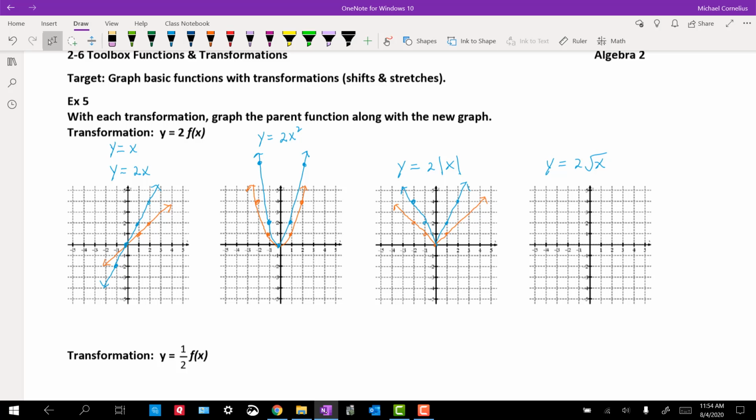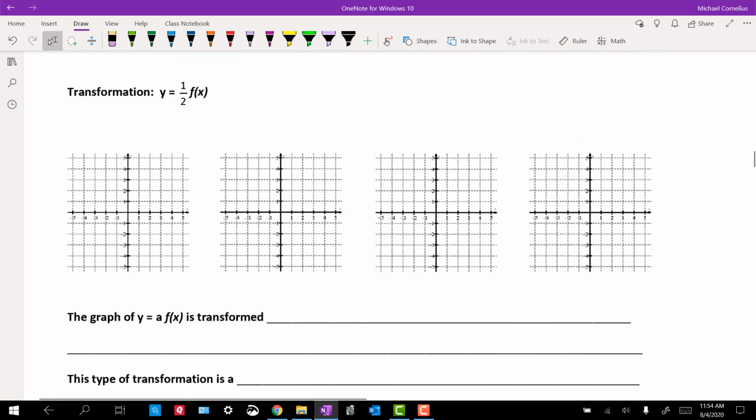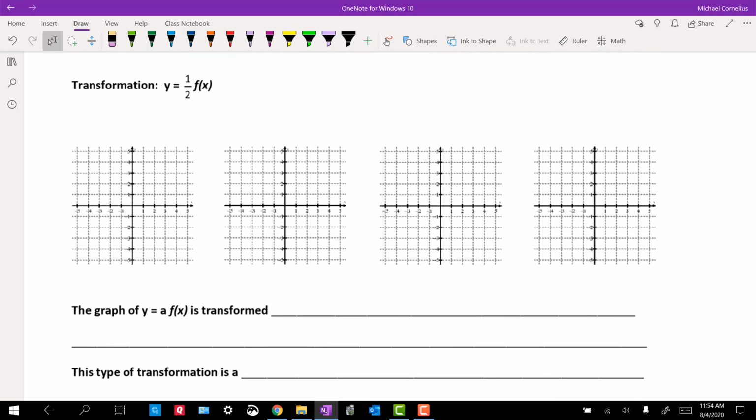So we've got the parent square root right here, and we have our new one, which goes up 2 over 1, up 2 over 3, and it stretches it vertically. Okay? So what I want you to do is turn off the video, graph the next set, see if you can figure out what's going on when you put a 1/2 in front of the x, and we'll come back and take a look.